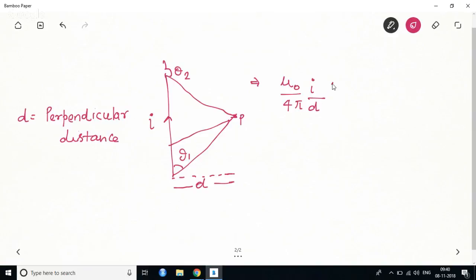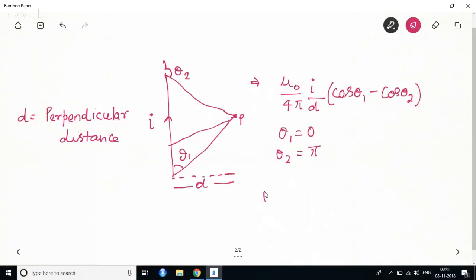I use the length in the form of theta, so it becomes cos theta 1 minus cos theta 2. Now I told you that when the straight wire is very long or infinitely long, theta 1 becomes equal to 0 and theta 2 becomes equal to pi.